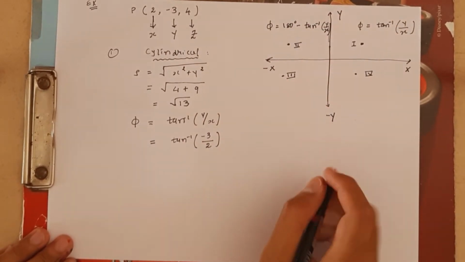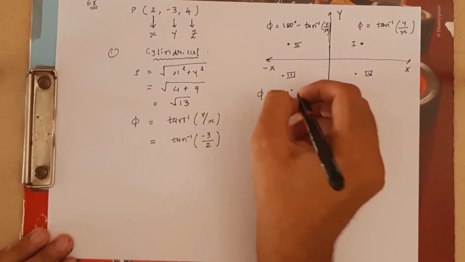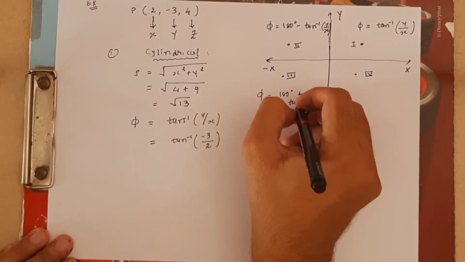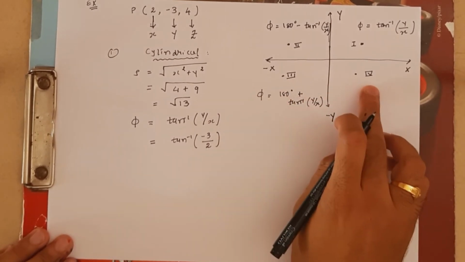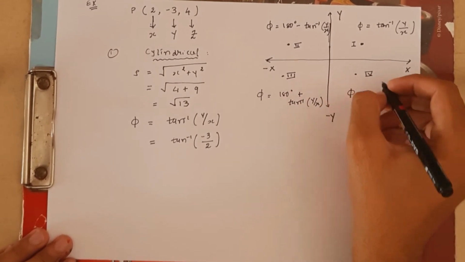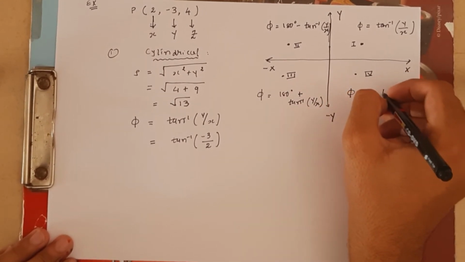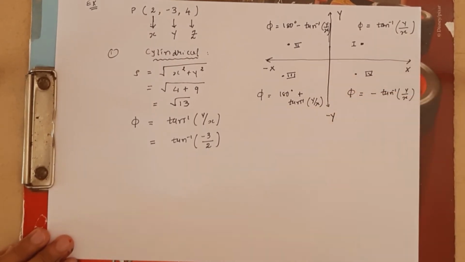Suppose my point is present in the third quadrant, the value of phi is equal to 180 degree plus tan inverse y by x, and if the point is present in the fourth quadrant, the value of angle phi is equal to minus tan inverse y by x.